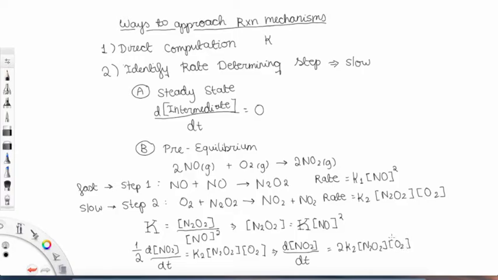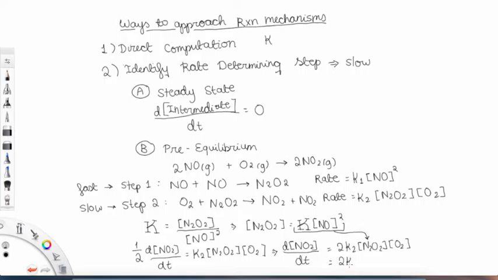From here, we can actually substitute in some values. Remember that [N2O2] is written as the equilibrium constant and [NO]^2, right? Since this equals this, I can take this part and substitute it in for the [N2O2]. And what do I get when I do that?